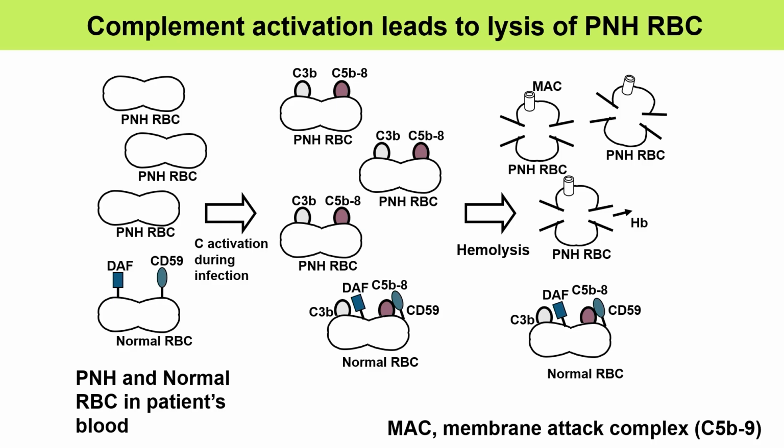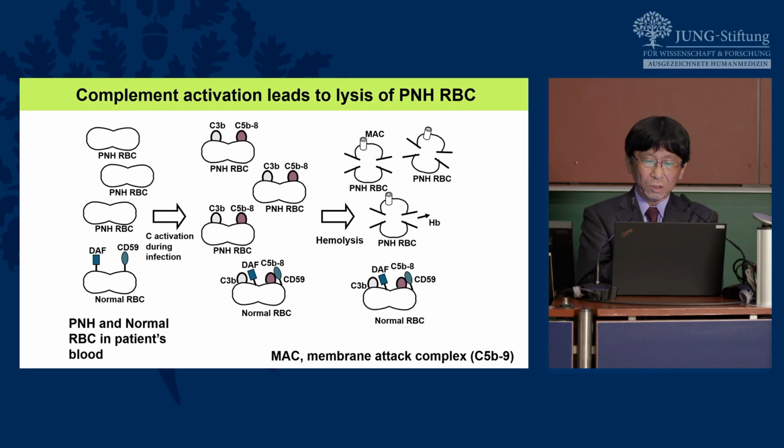When the complement is activated, the activated complement components are deposited on the red blood cell surface. On the normal red blood cell, DAF inhibits C3 convertase and CD59 prevents membrane attack complex formation, so nothing happens.